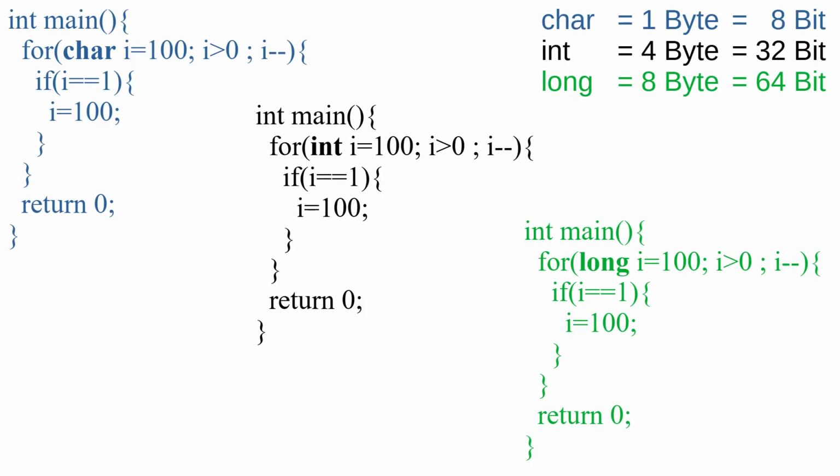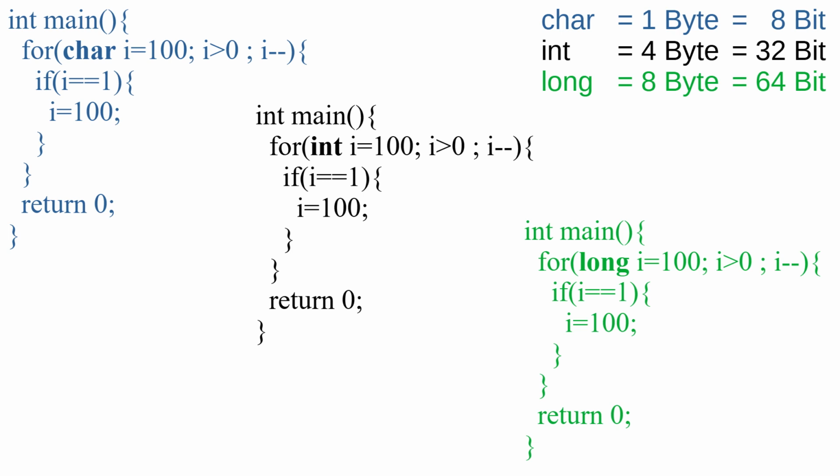In my first program, I wrote a simple counting loop that counts down. It should start over again, so I always set the value back to 100. This could happen, for example, in a game in which life points are reduced with every hit. I've written this program 3 times. Once with the data type character, once with integer, and once with long.